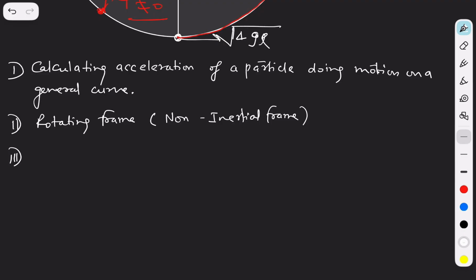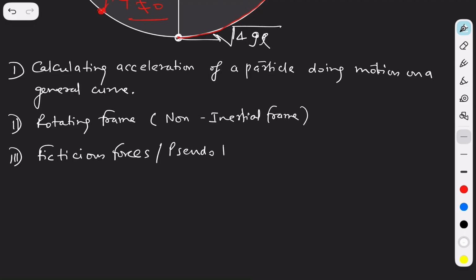Okay, so guys, which are the pseudo forces we need in the rotating frame? Fictitious forces or pseudo forces for a rotating frame.